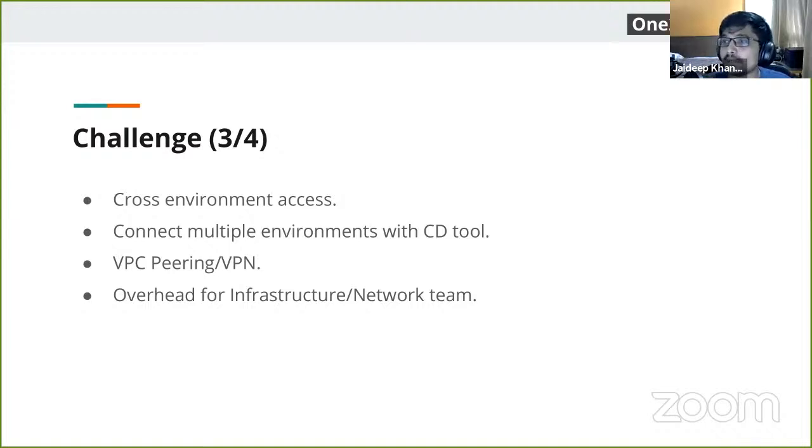So you either end up doing a lot of VPC peerings, or you have to do VPN connections between these environments. And this increases the overall networking overhead on the infrastructure team as well. They just keep on doing peering again and again.